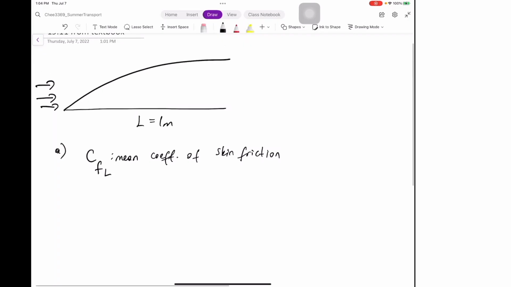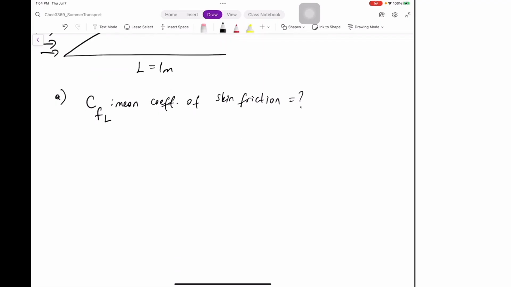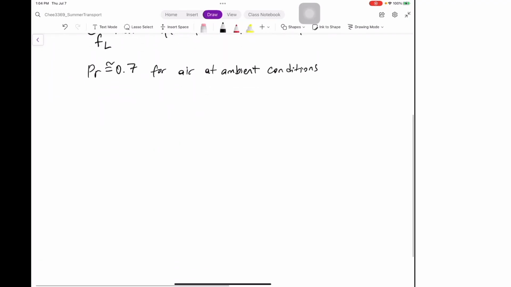In such problems, you should first have a look at the Prandtl number. For air, it's about 0.7 at ambient conditions. If you don't know it, you can calculate it using nu over alpha.